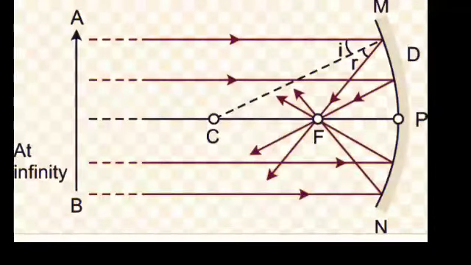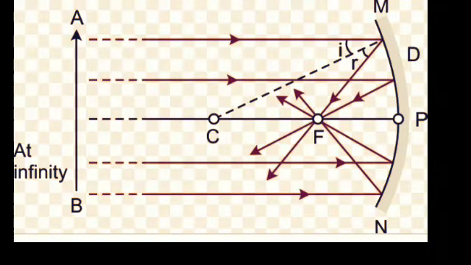A concave mirror is also called a focusing mirror. This is because, as shown in the figure, parallel rays get focused after reflection in this mirror. The size of the image produced by this mirror can be larger or smaller than the object, depending upon the distance of the object from the mirror.